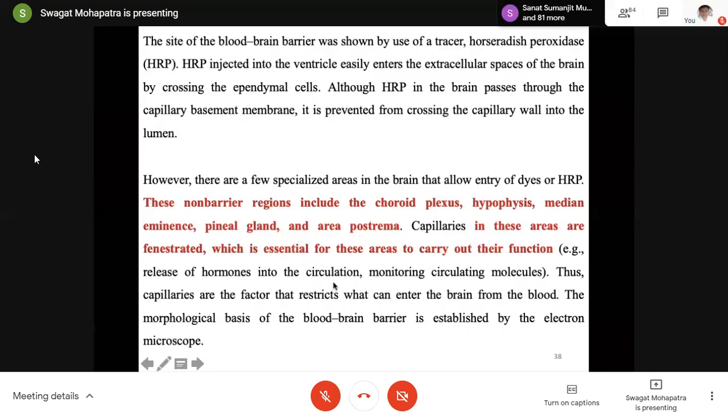For that, you need fenestrated capillaries. Another function is monitoring circulating molecules: the area postrema monitors the circulating molecules, so that if any wrong or poisonous toxic substances come, it will initiate vomiting. That portion we can't afford to supply with a blood-brain barrier. So these are the regions which do not have any blood-brain barrier.